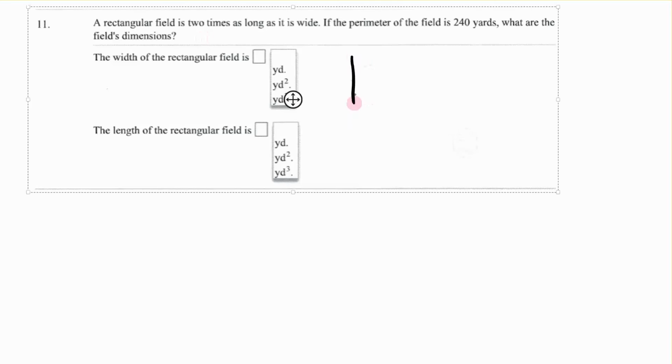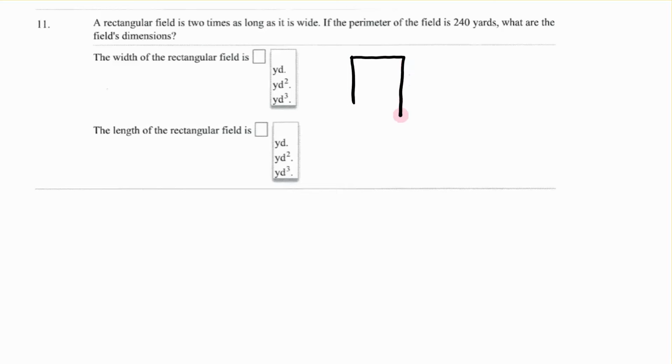All right, we have a rectangle, and it says the length is 2 times the width. Of those two, I don't know the width, so I'm going to let x be the width.